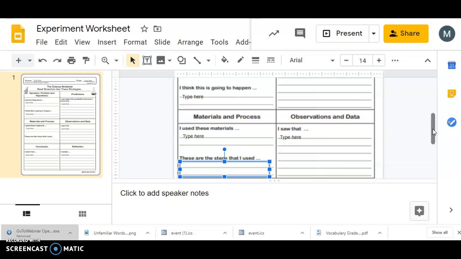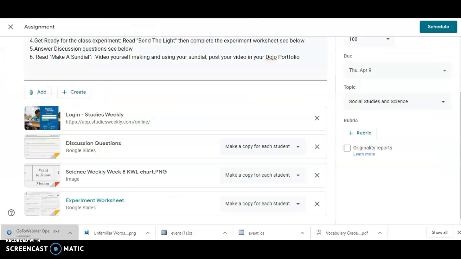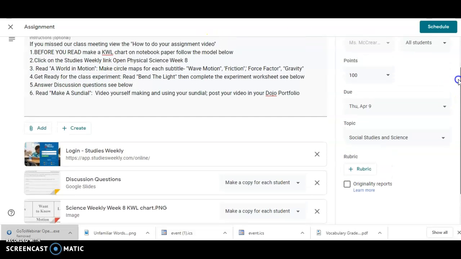Now, after Wednesday, when we have our class, during the experiment, when I'm demonstrating it, you're going to write your observations and collect some data, and that's what goes there. Then, on your own, you're going to draw your conclusion and write some reflections, what you wonder. So that is that part of our assignment. Let's see where we're at now.